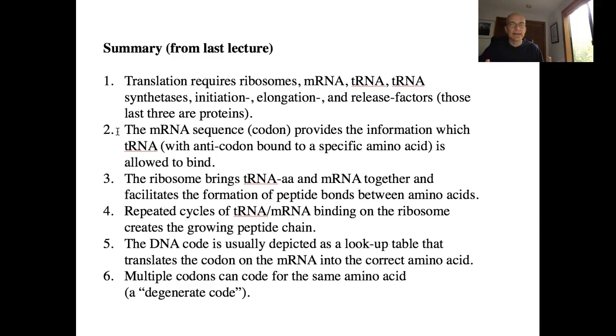So you can take that table and check what codon translates into what amino acid. And we said that multiple codons can code for the same amino acid, and that is what's called a degenerate code. So those are things to remember from the previous lecture.